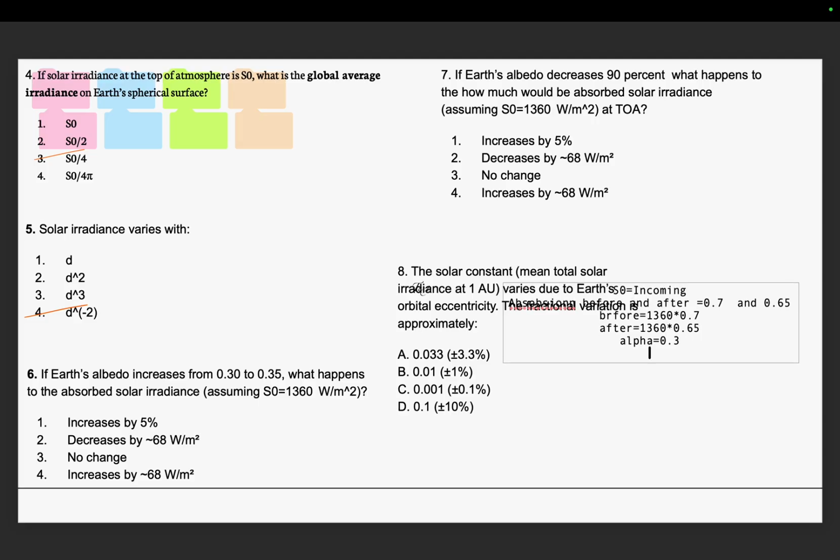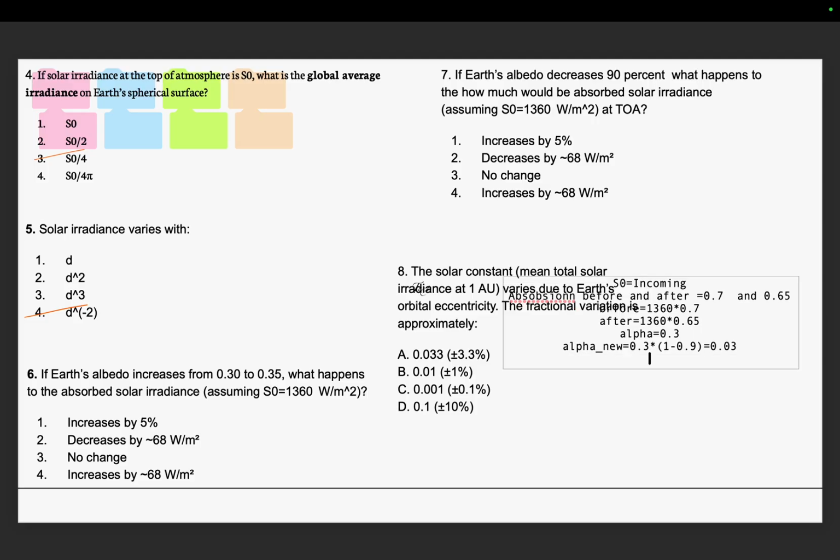Decrease it 90%, so alpha new is 0.3 into 0.9, 0.3 into 0.9, 90% decrease. So 1 minus 0.9 here is equal to 0.03.